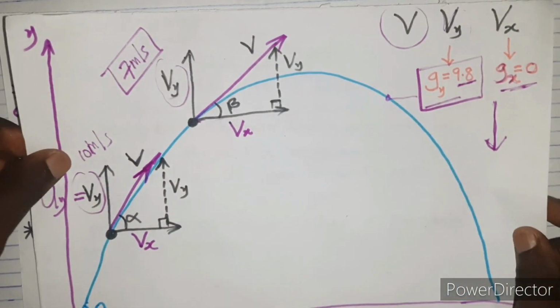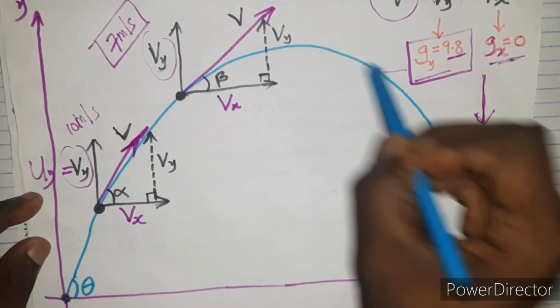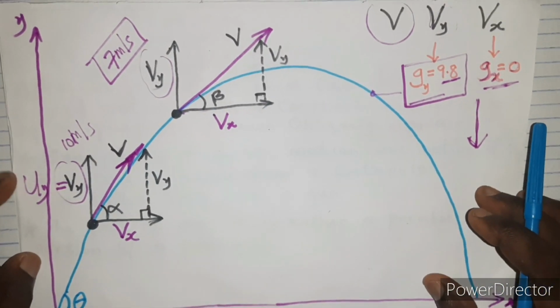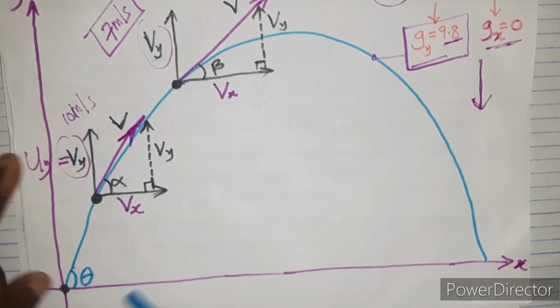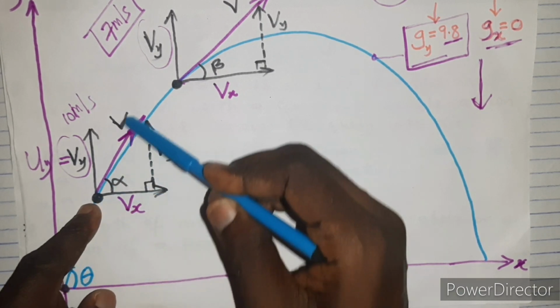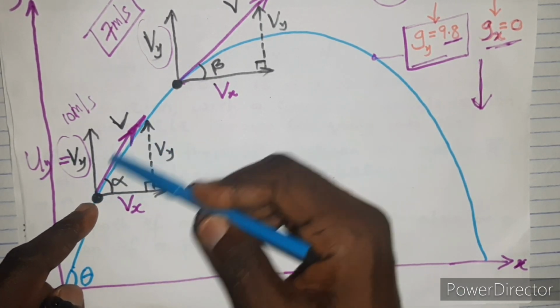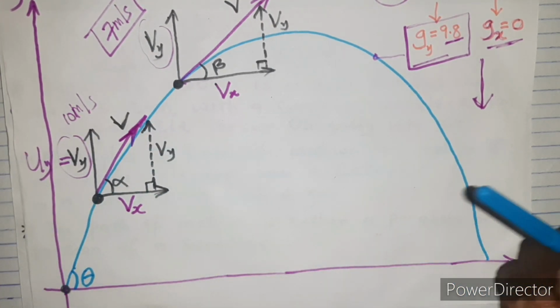Let's take a look at a model diagram of a particular projectile. We have this diagram here, and of course we can see the parabola. Let's assume that the object is thrown at a particular angle with the horizontal, and it gets to this point at a particular time. Then the velocity won't be the same value again.